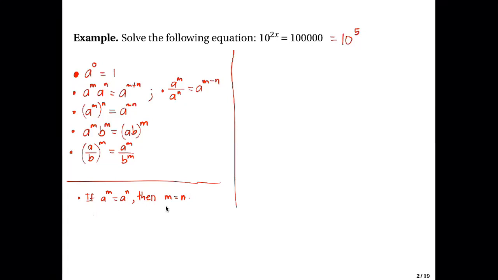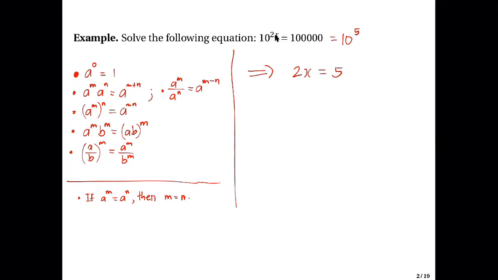Now, using this property here, you have 10 raised to 2x equals 10 to the 5. This means that 2x must be equal to 5. Correct? So if a to the m equals a to the n, then m must be equal to n.